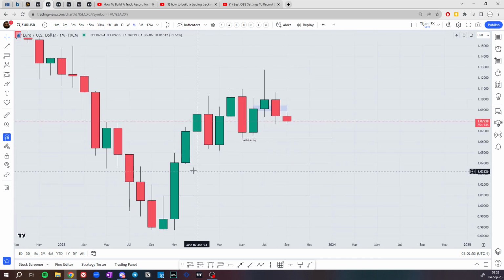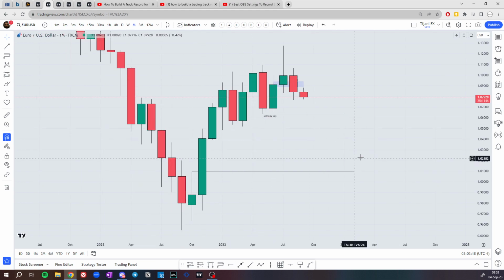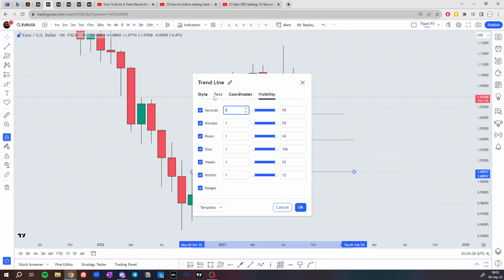And we have a monthly fair value gap, a monthly BC, that price is going to seek to fill. I'm expecting price, once it takes this low, to continue to fill the monthly BC right here, and we have the 50% inside the monthly BC. So to make my chart clean, I'm using only the fair value gap.